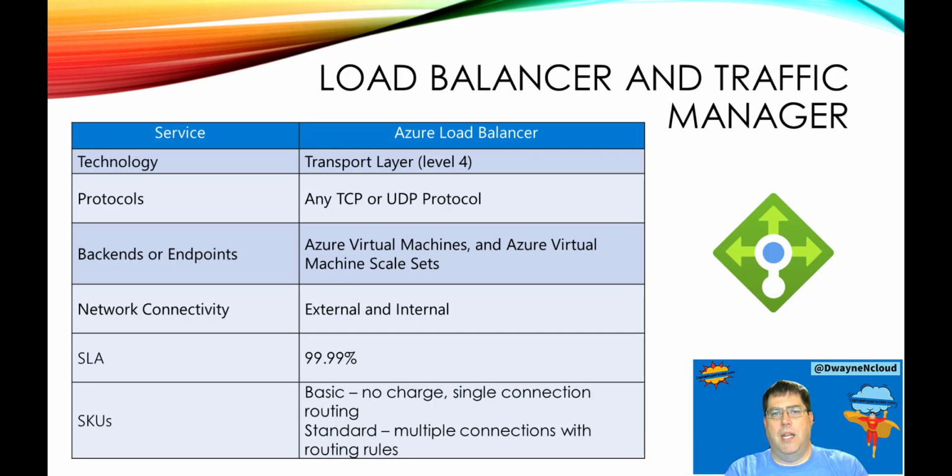If everything's coming in and packets are being evaluated by a firewall in front of the load balancer, then it could go to multiple basic load balancers and move that traffic accordingly, using the firewall rules to do that routing. So different options that you have within the Azure environment for routing traffic that's coming into your network.